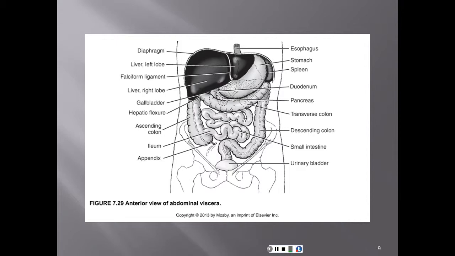This is a coronal section of the abdominal cavity, and in it we should be able to identify the liver, stomach, spleen, colon, especially the different segments of the colon, the ascending, transverse, descending, small bowel, urinary bladder.